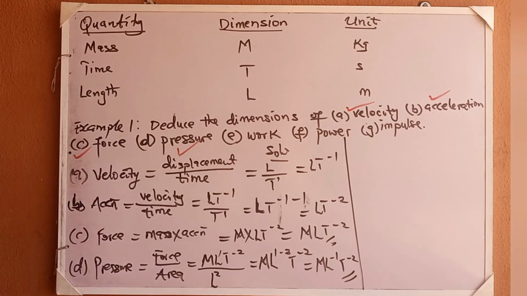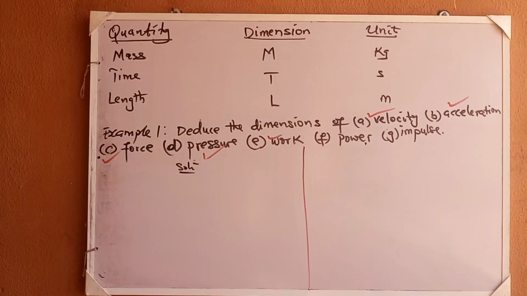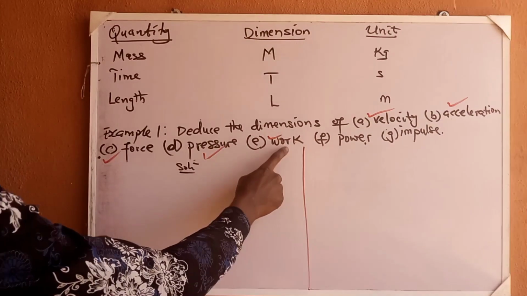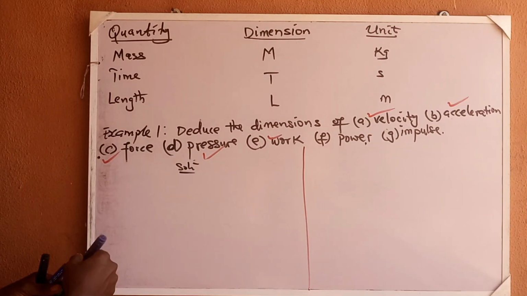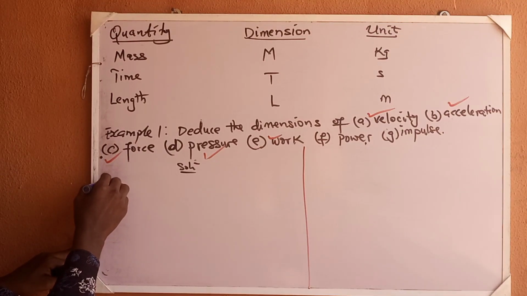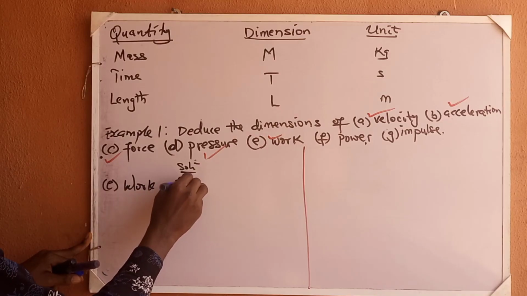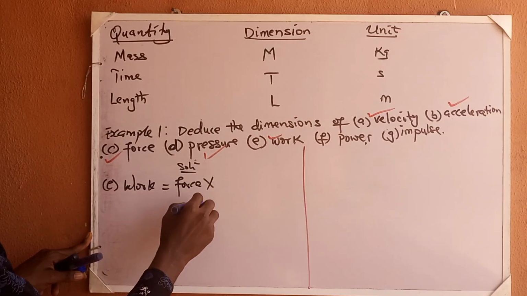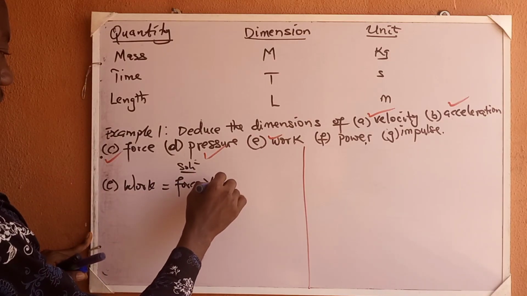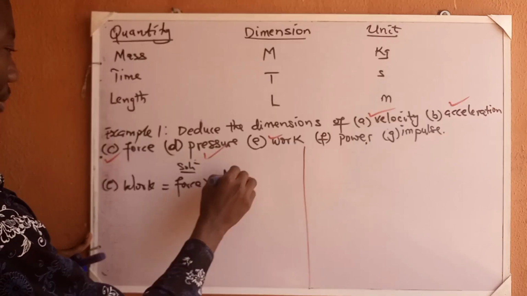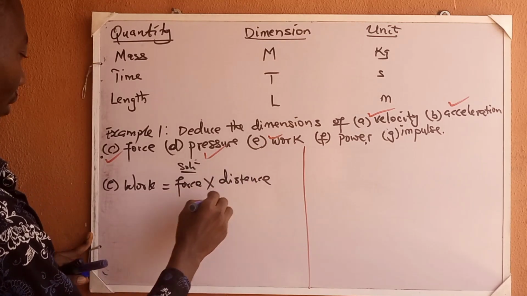We'll continue with work, power, and impulse. The dimension of work, all right? Work, that is E. Work is a product of force and distance moved by the force in the direction of the force. So this is going to be force multiplied by distance. All right.